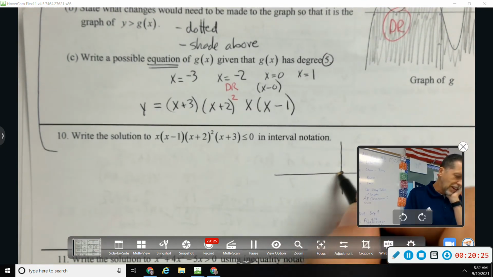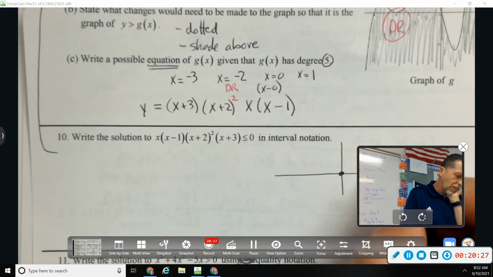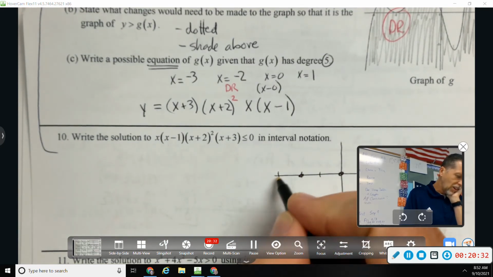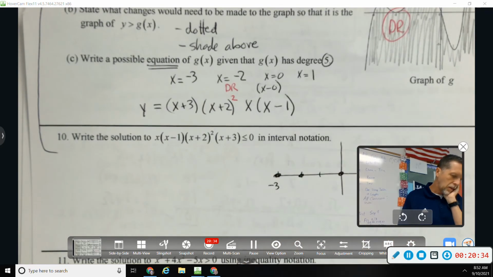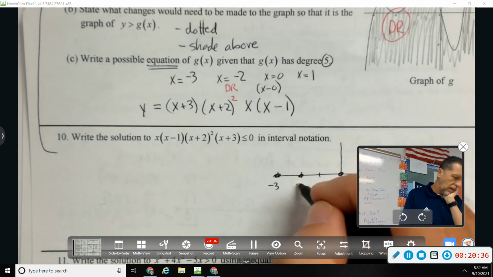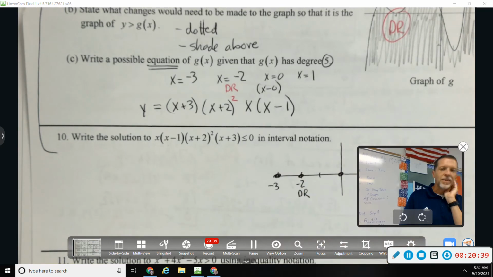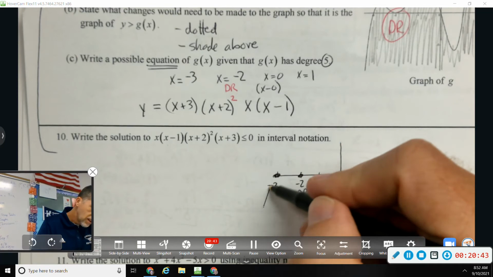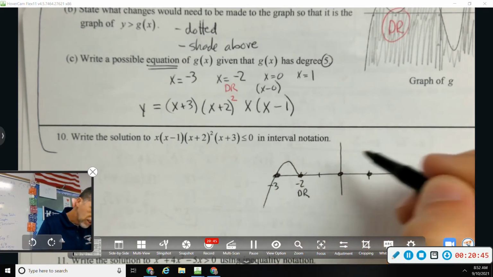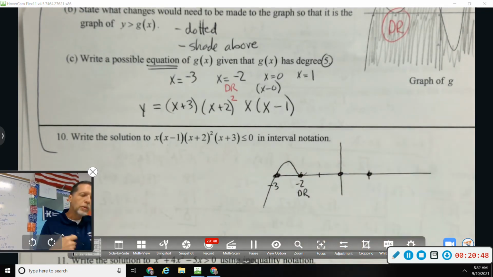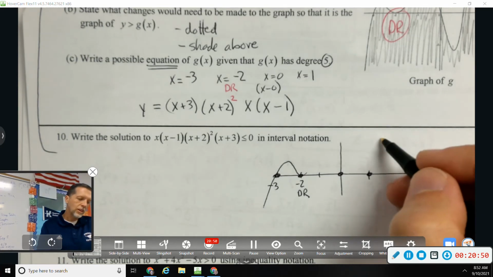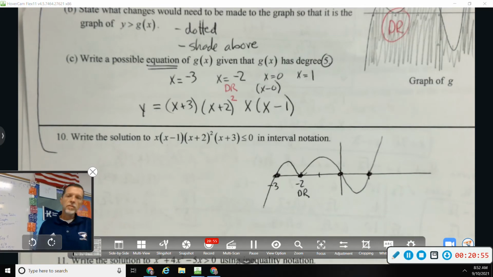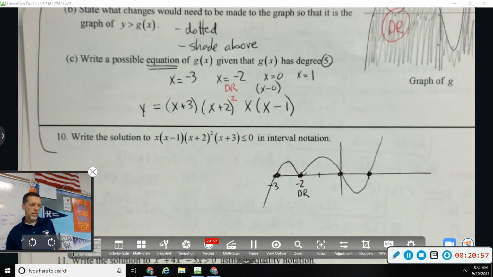Because there's a 0 at 0, at 1, at -2, and at -3. -2 was a double, but here's the giveaway. It's the same as number 9. Bounce. Actually, if we were graphing on our own, we would have started at the right end because it would have been going up. So something like that. And we already shaded below.